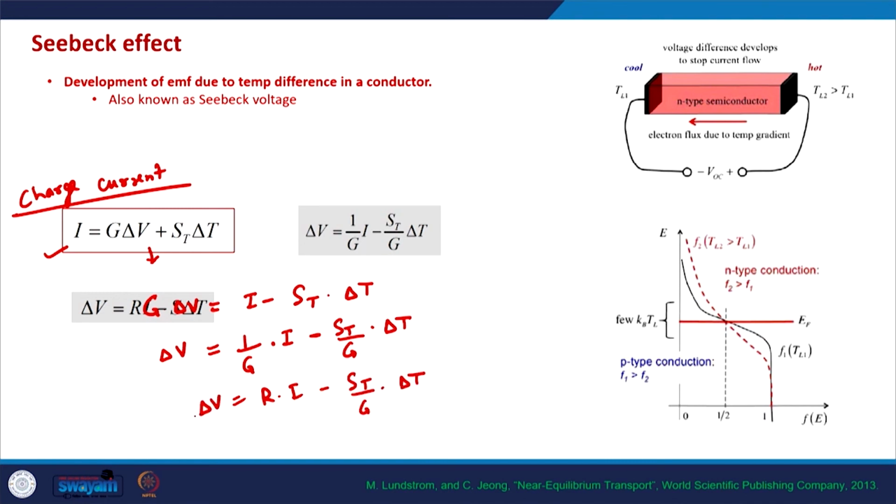Now, if the two terminals of the semiconductor are open circuited and we have not connected anything, there cannot be a flow of current, so I will be 0 in steady state. In that case, delta V is equal to minus (S_T/G) times delta T, and this delta V is the voltage difference that appears across the semiconductor.